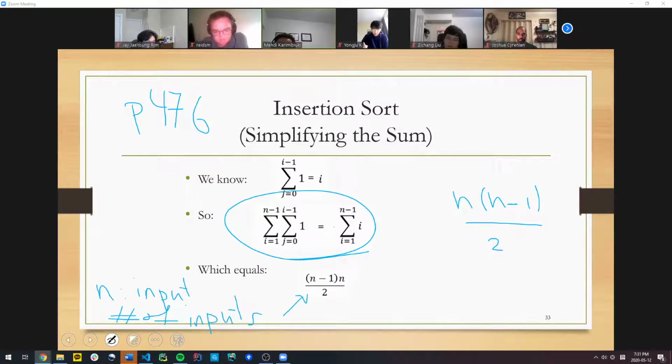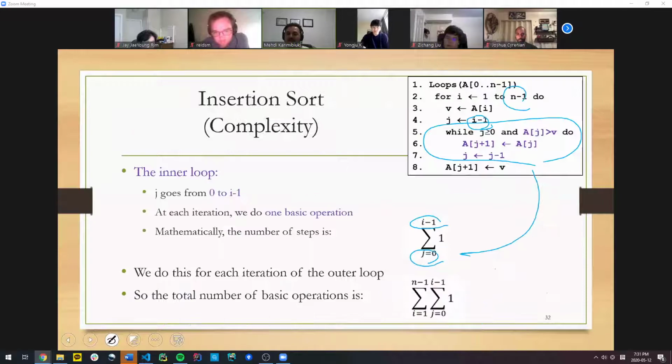And so your algorithm will take n squared minus n divided by 2 times to operate. That's the computation time of your algorithm for this particular algorithm in slide number 32.